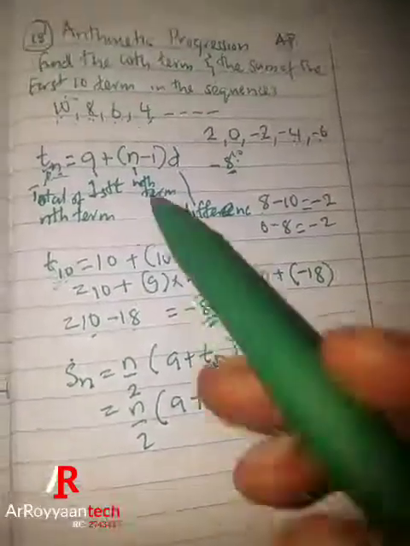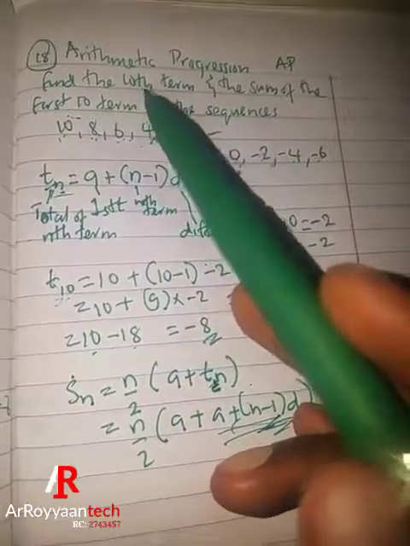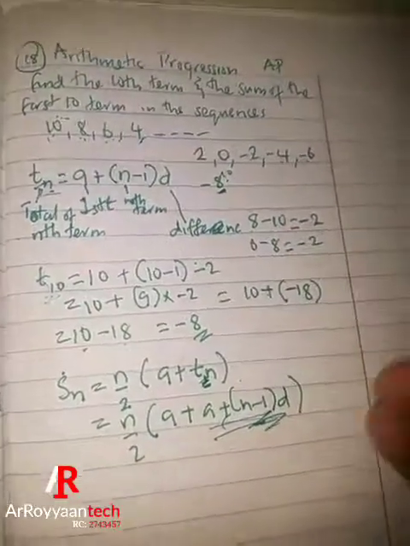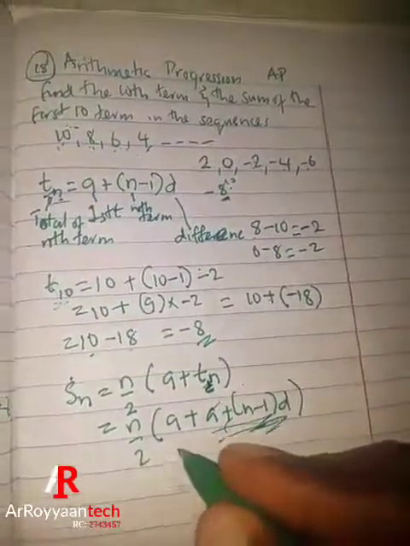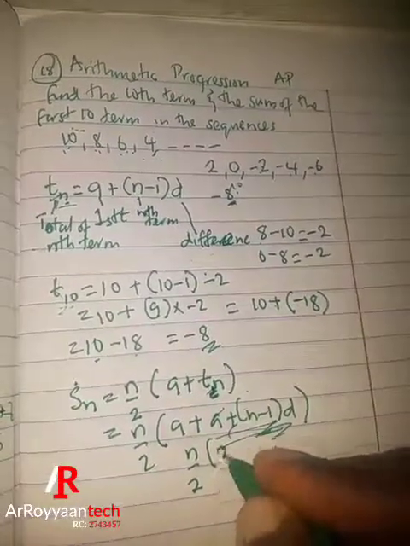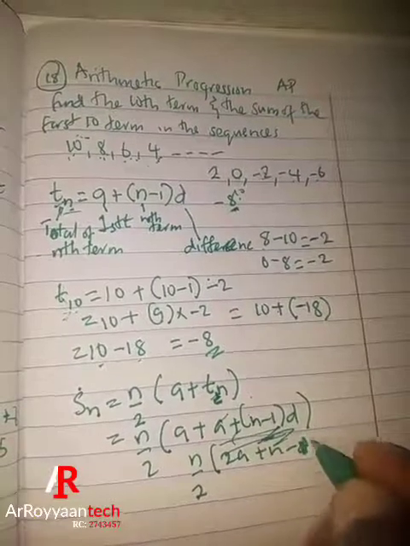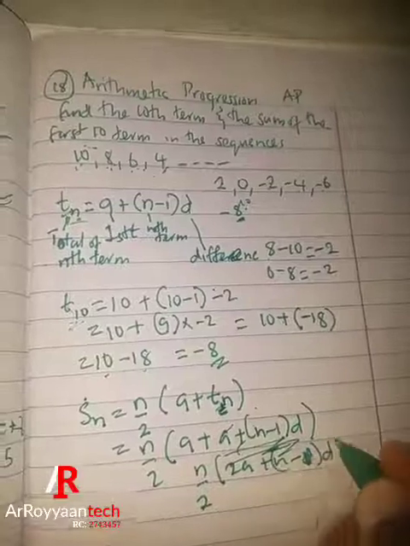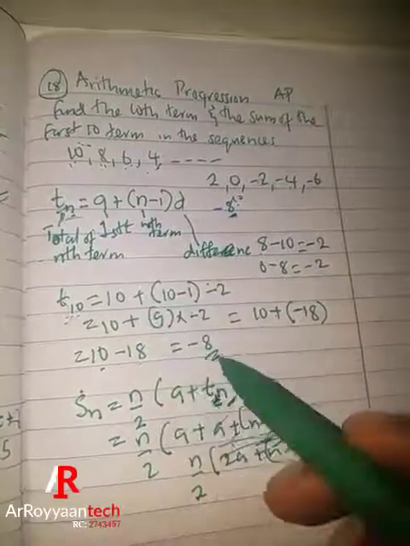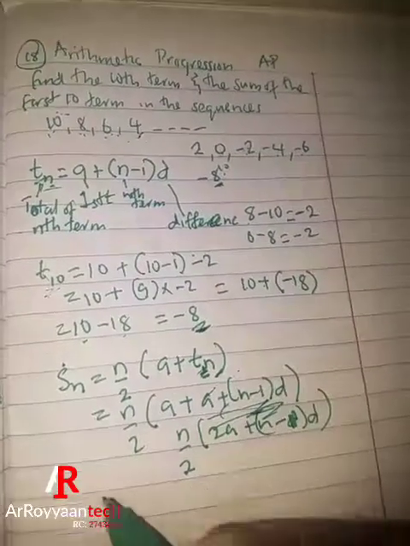But if you are in a question where you are not given the 10th term and you are told to find the sum of the first 10, we are just going to use this formula: n over 2 into bracket 2a plus n minus 1 d, bracket close. But we use this one because in our question we already know the 10th term.